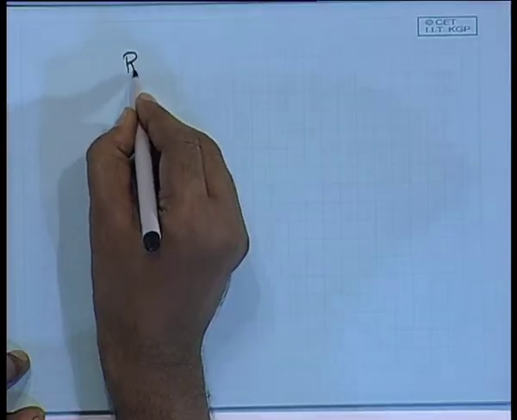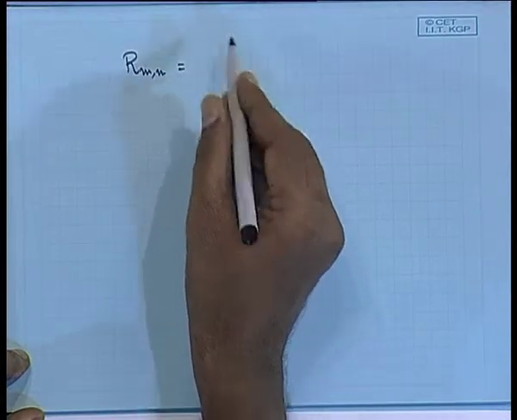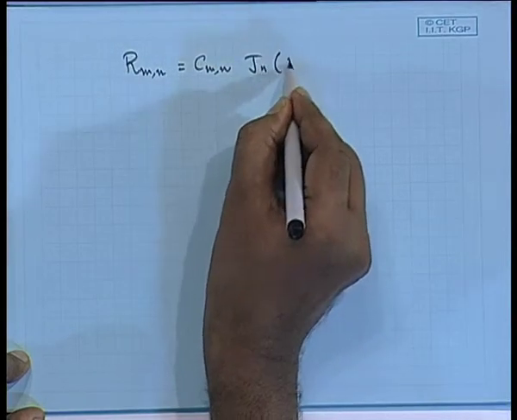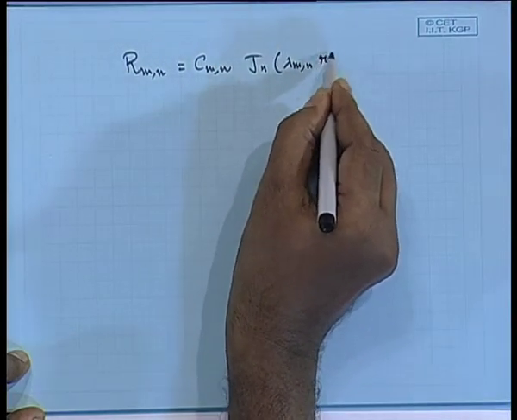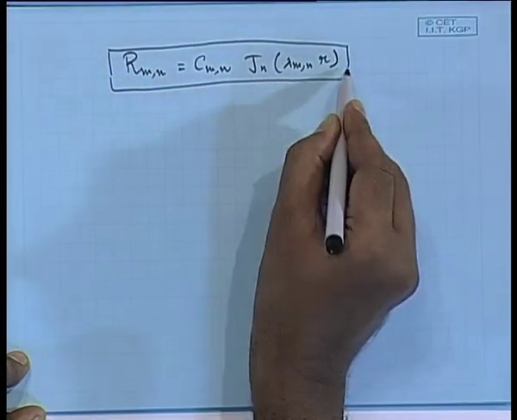The corresponding eigenfunctions we put as R_mn, indicating both subscripts m and n, J_n(lambda_mn r). So, these are the corresponding eigenfunctions.